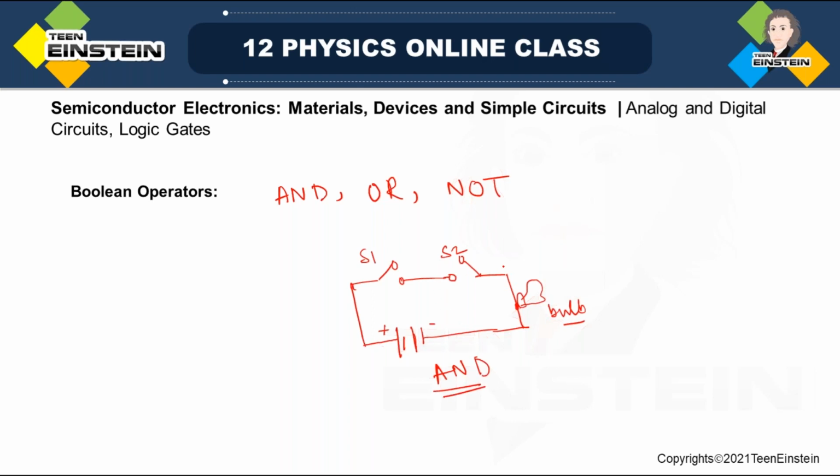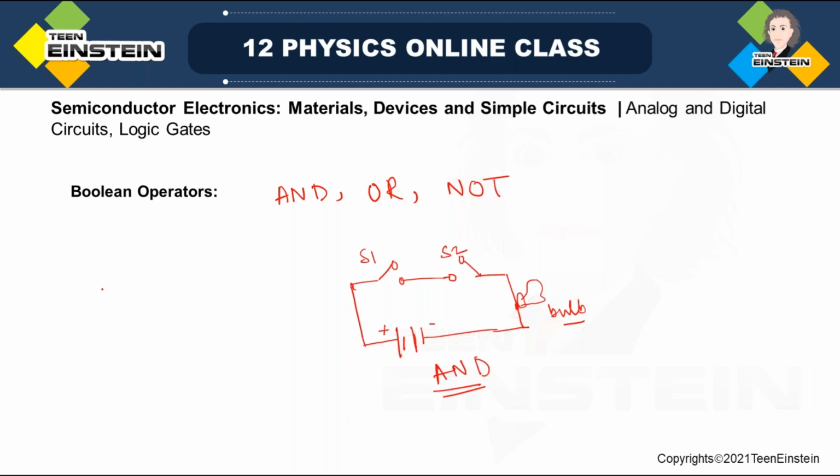That means you can have two or more inputs, if both are at high state, then only you will get an output of high state, otherwise it will be output at low state, okay? This is a simple example of AND operation.